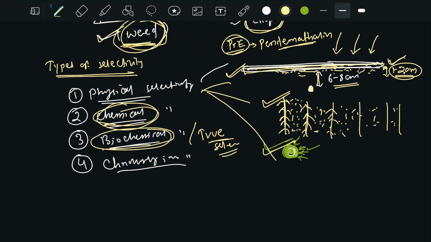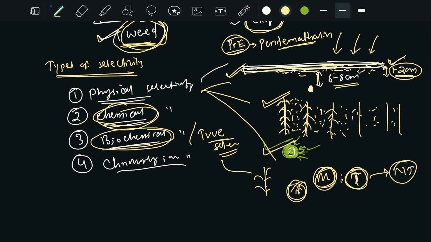So if our crop plant has more metabolic activity and the weeds have less metabolic activity, then the weeds will suffer more, because metabolism means it is converting the toxic agrochemical. That is metabolism. It converts this toxic herbicide chemical into non-toxic form.